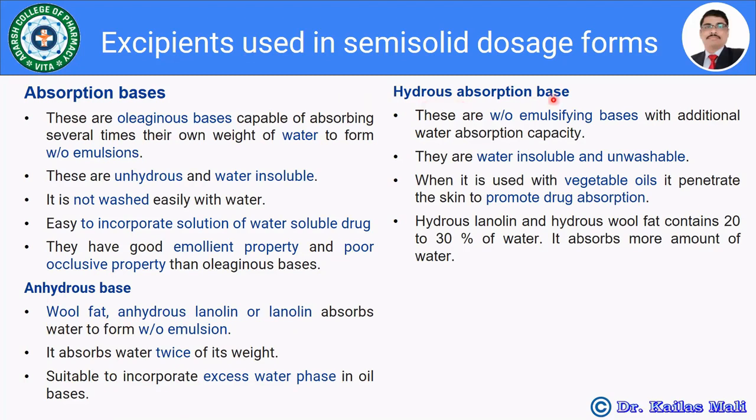Hydrous absorption bases are W/O emulsifying bases with additional water absorption capacity. Additional means, see, in the anhydrous bases, it has, say for example, X absorption capacity. When we use the hydrous absorption base, the X capacity is going to change into 2X, 3X, 4X likewise.